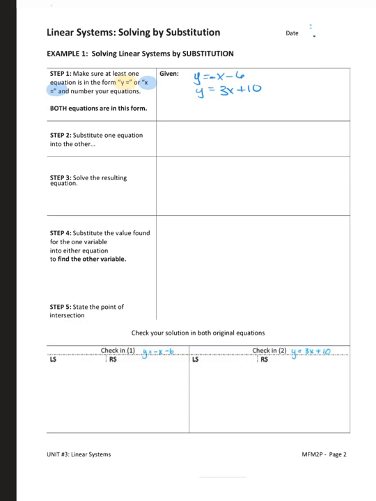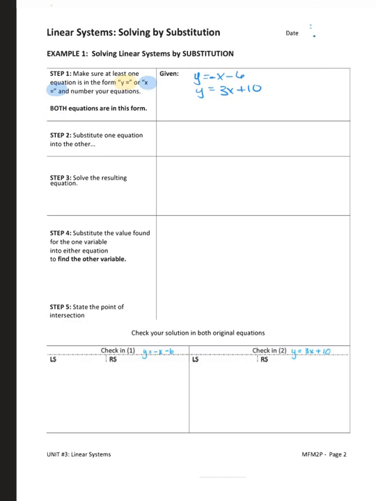So we either want one of the equations to look like y equals or x equals, and if I'm looking at the ones that I have given here, both of them look like y equals, so that's great.